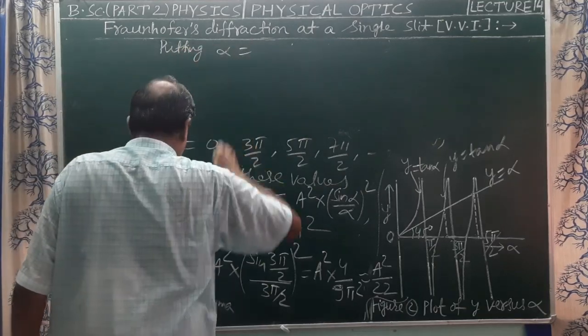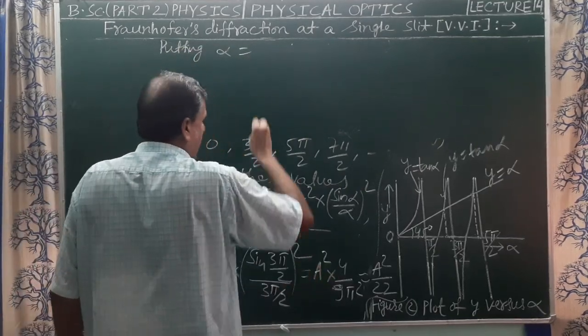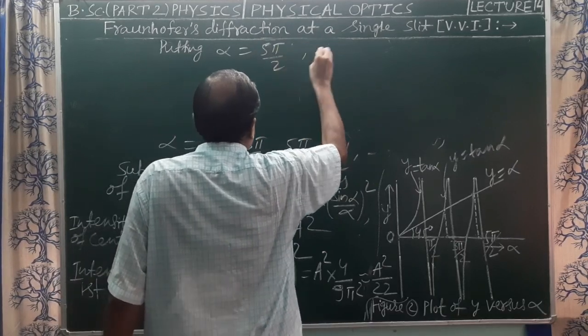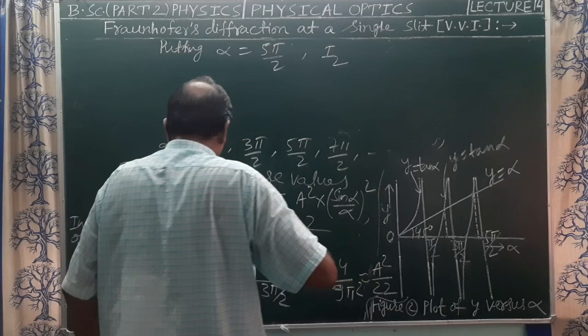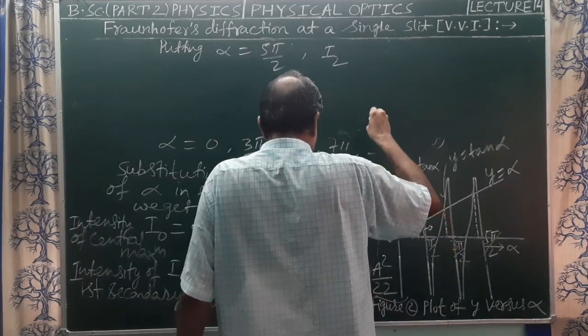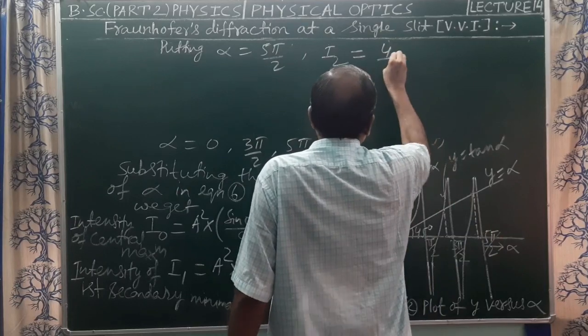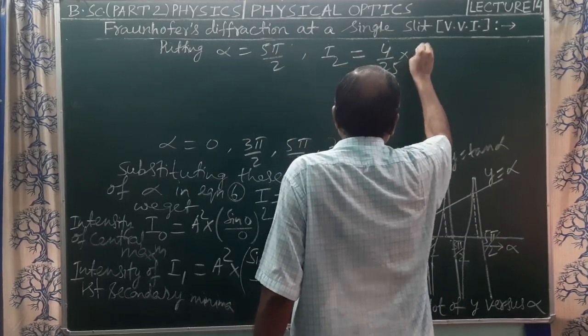After 3 pi by 2, we have to put 5 pi by 2, and we will obtain I2 equal to 4 upon 25 multiplied by A square.